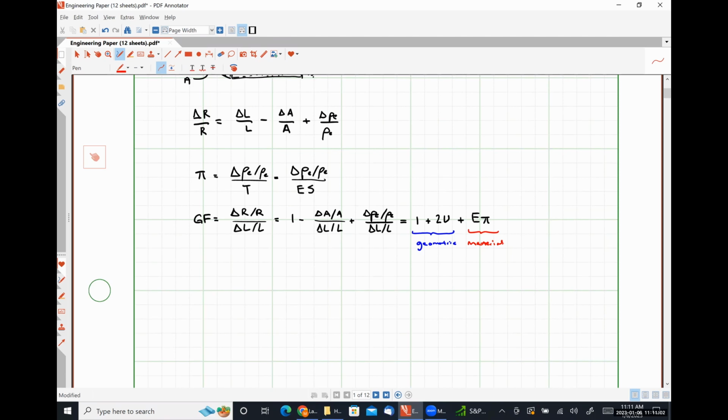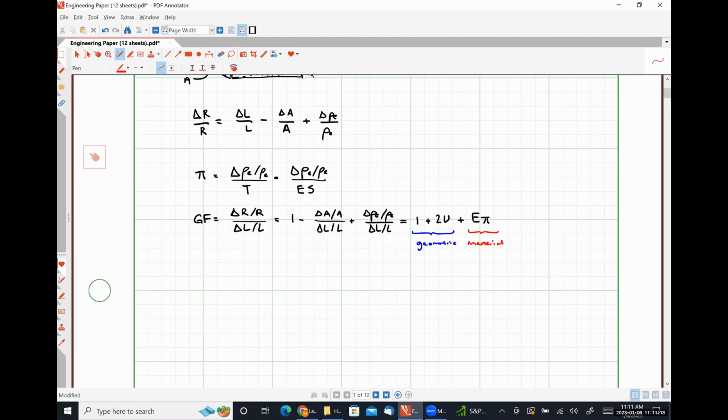Okay, so if we look at the geometric contributions, since Poisson's ratio is usually somewhere in the ballpark of 0 to 0.5, at most, we should expect a gauge factor of about 2 due to purely geometric changes.